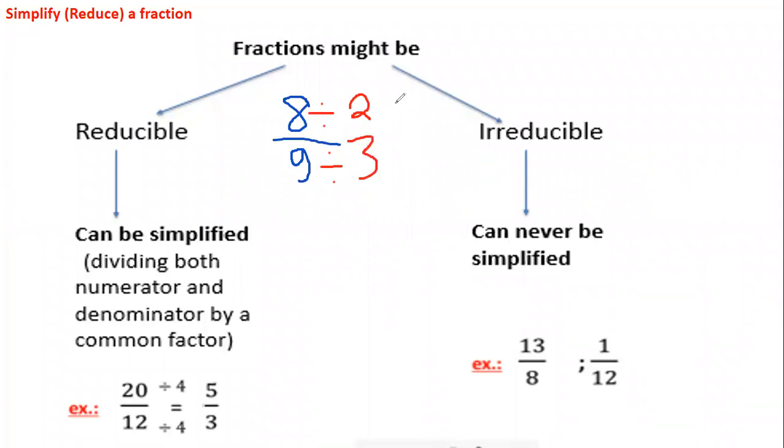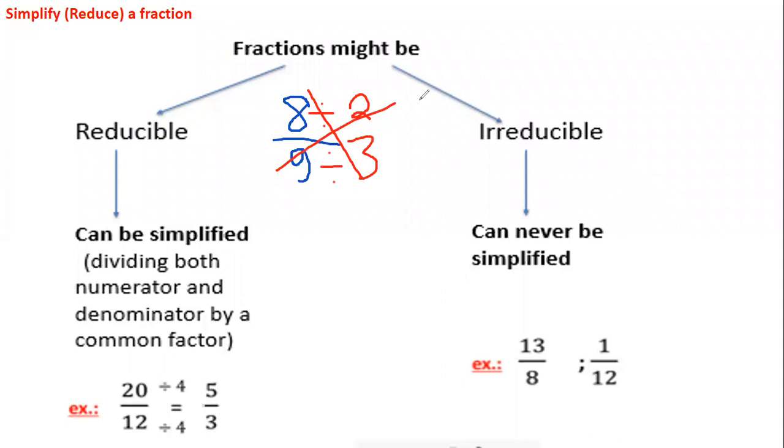This is not accepted. Whatever we do in the numerator, we should do for the denominator. If the numerator is divided by 2, the denominator should always be able to be divided by 2.